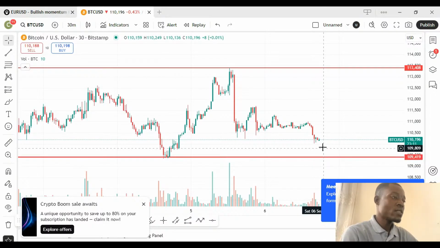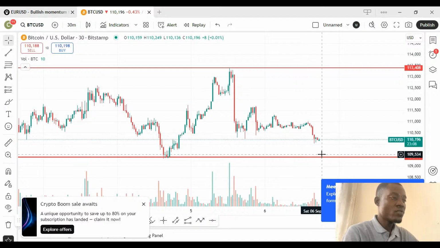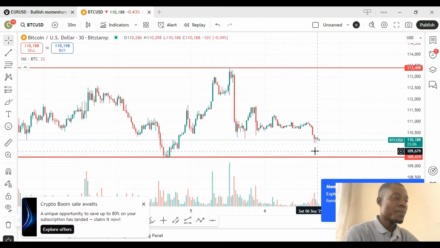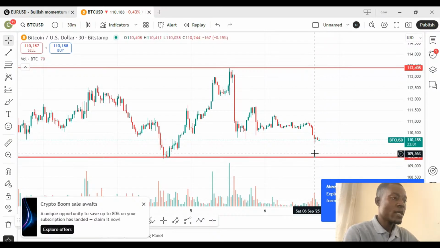So for example, this market is moving to the downside, and then we are expecting that when the market hits this support area, you'll be looking out for a liquidity sweep or a liquidity hunt.